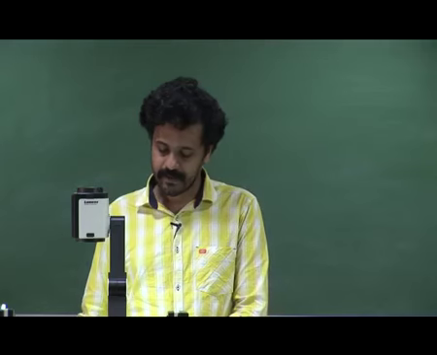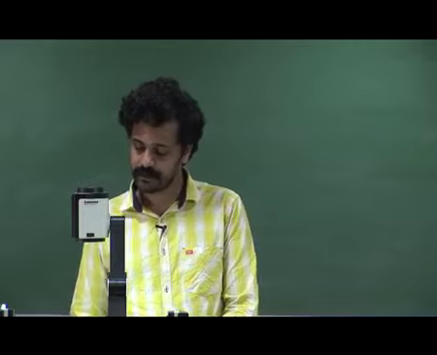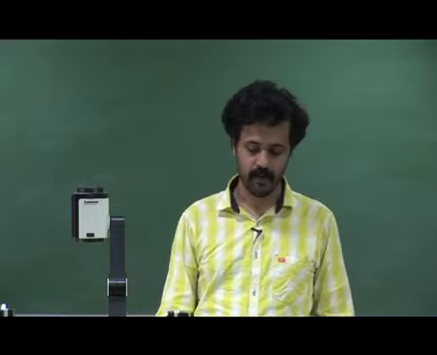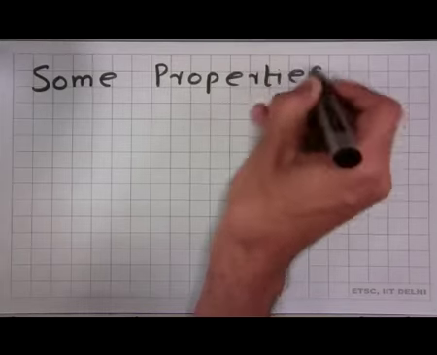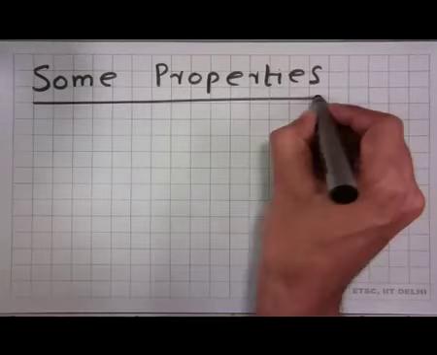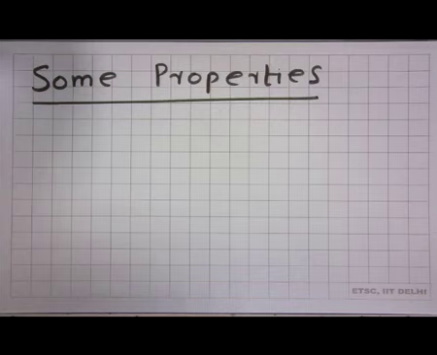Next, let us observe some properties of an arithmetic progression, of which we have discussed the first property in the last lecture.